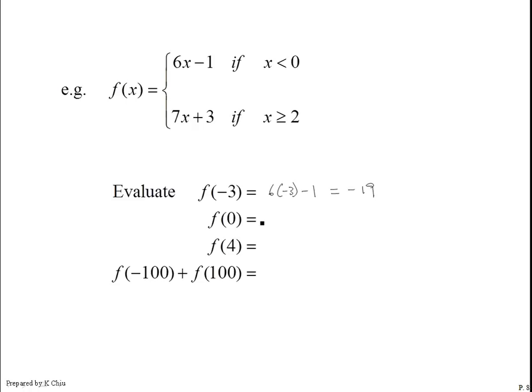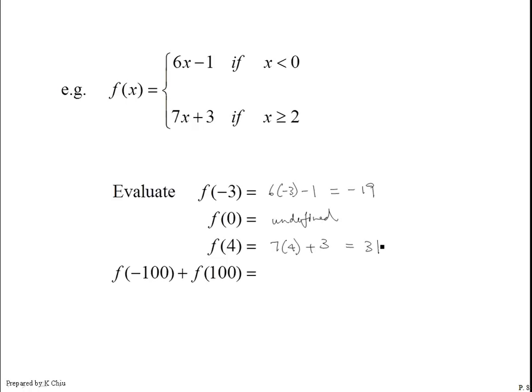None of them, because this is undefined. They did not define which formula to use when x is equal to 0. That's interesting. F of 4, I should use the second one. So that would give me 31.